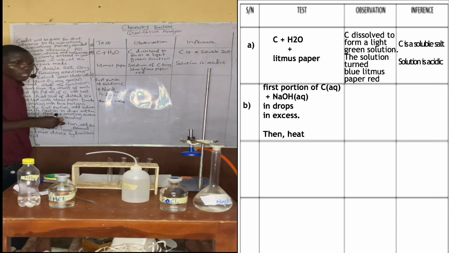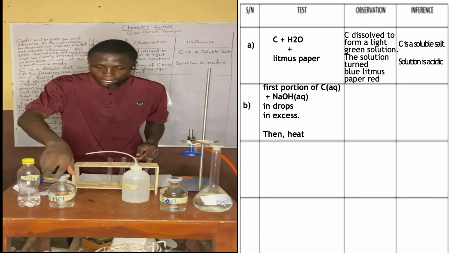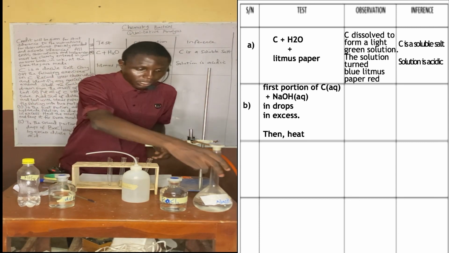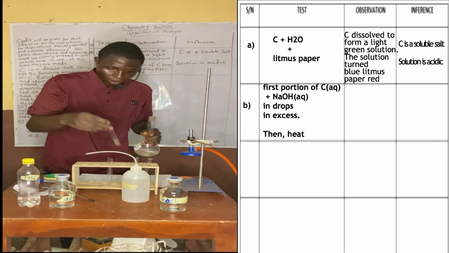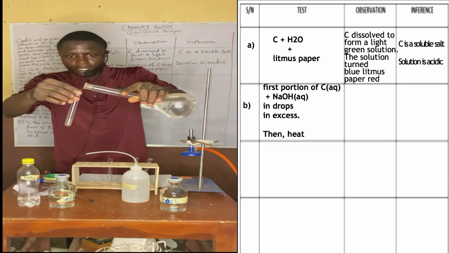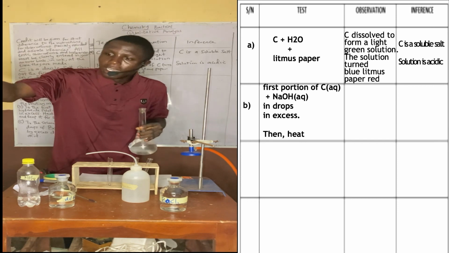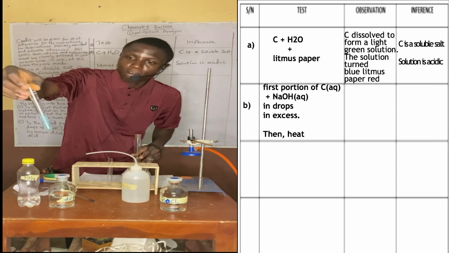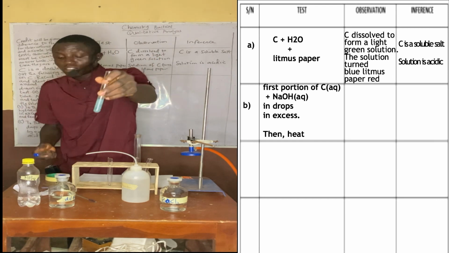Now, what happens when you add sodium hydroxide to this? We have the sodium hydroxide here. Now let's add it to the first portion. This is the first portion here. Let's add sodium hydroxide. You can see a green precipitate is formed in drops, indicating the presence of iron.